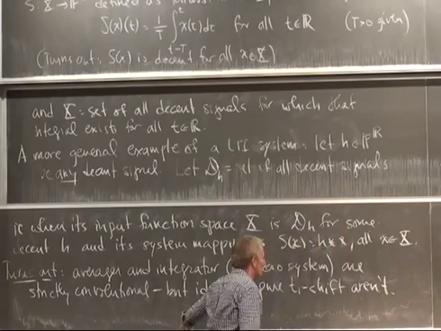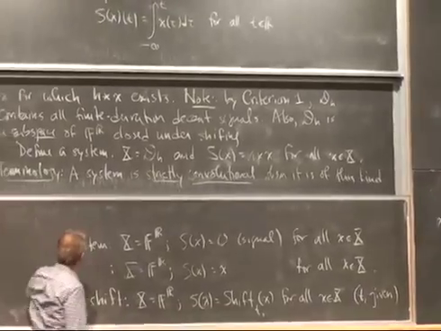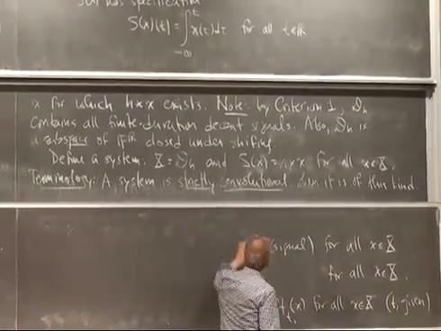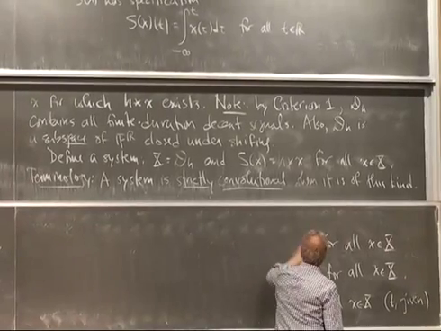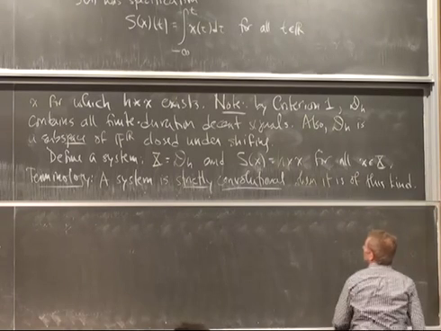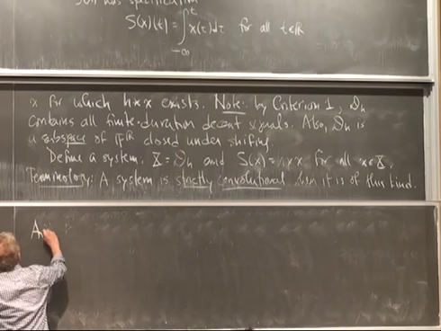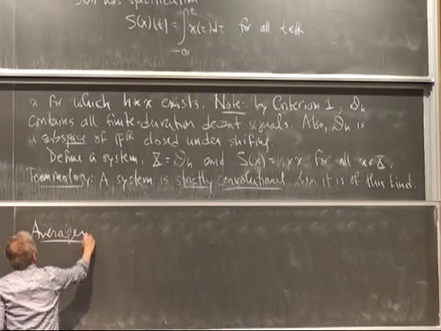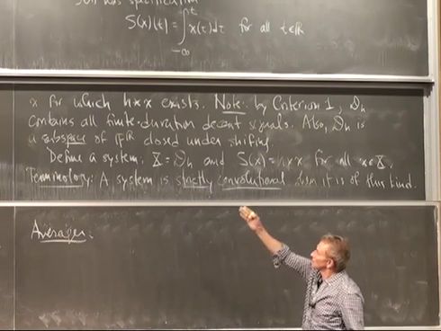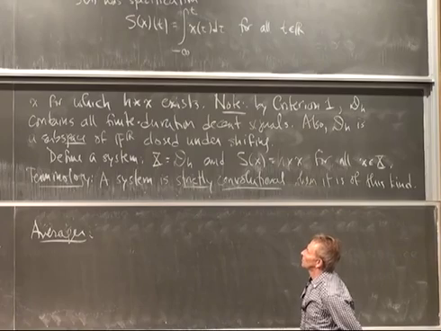Okay, so for the averager system, let's look at that one. The averager system, its input function space was the set of all decent signals, still up there, and its I/O mapping S was defined by that.